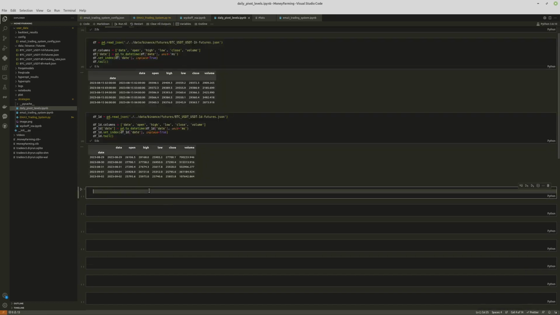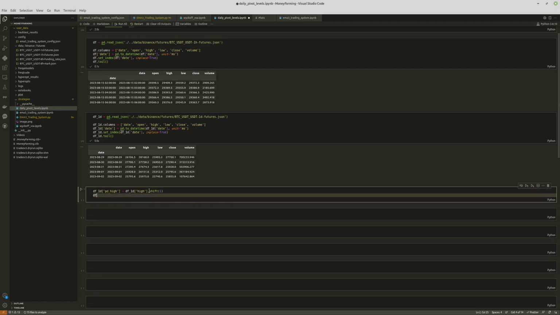I'll show you how to overcome certain problems live, but here we are looking for the previous day's daily candle, and from that we're going to calculate for the current day. So let's go ahead and do that. First we want to get the previous day high, and how do we do that? Just shift the high forward.